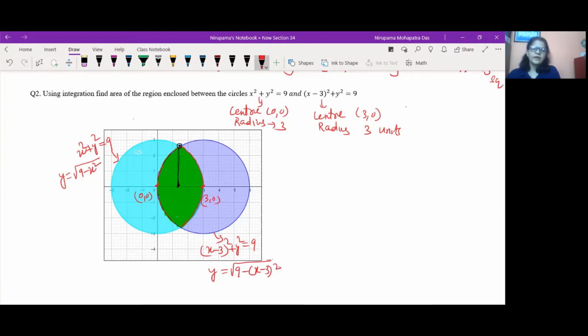Now again, this circle is in the form (x minus h) whole square plus y square equal to h square, so r equal to h. So the circle will touch the y axis. Right? So not to make this mistake.